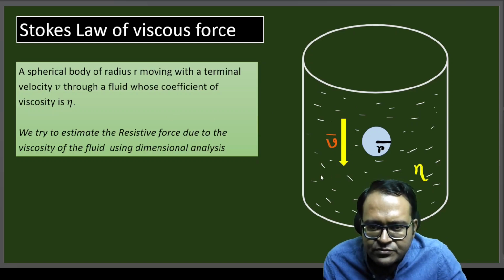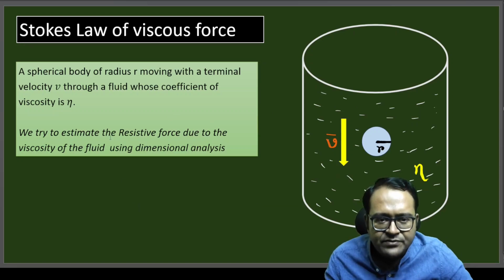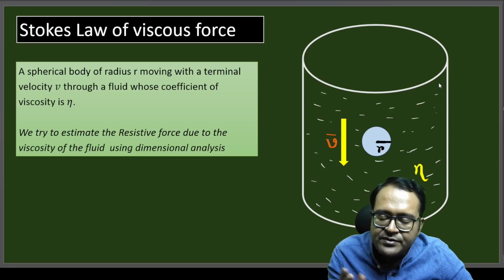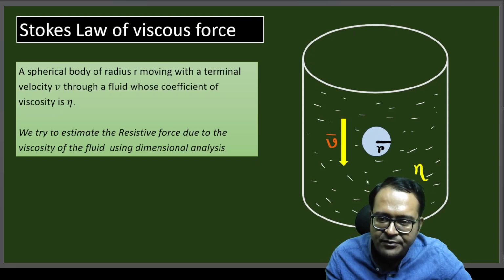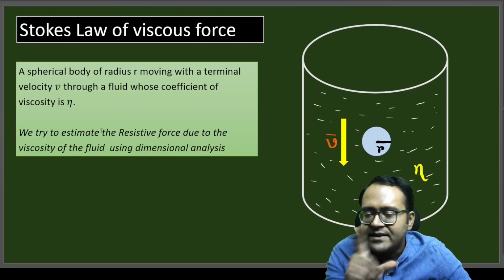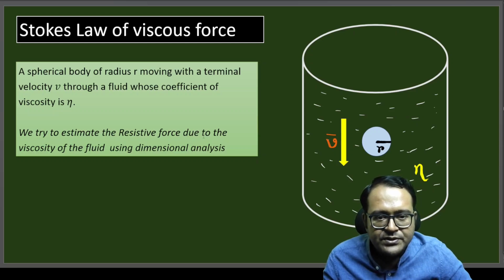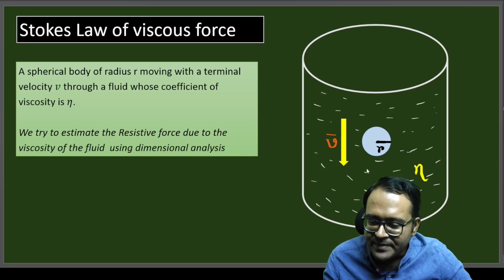What we are trying to do here is estimate the resistive force due to viscosity. Of course, any liquid will give you a resistive force. If you drop a ball inside a liquid, that liquid will of course produce a resistive force. We're trying to estimate that resistive force due to the viscosity of the fluid using dimensional analysis.